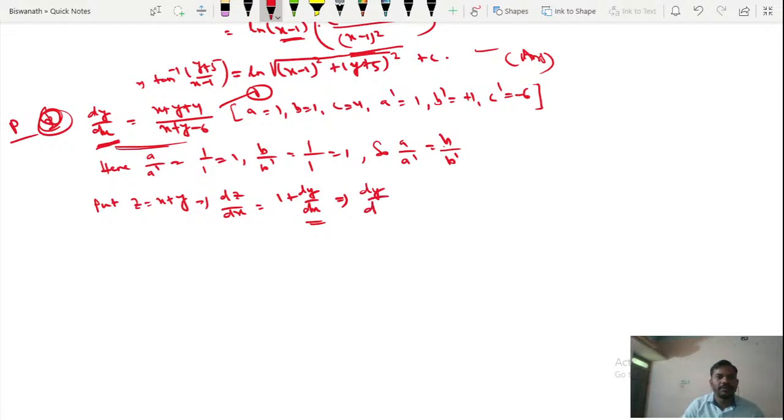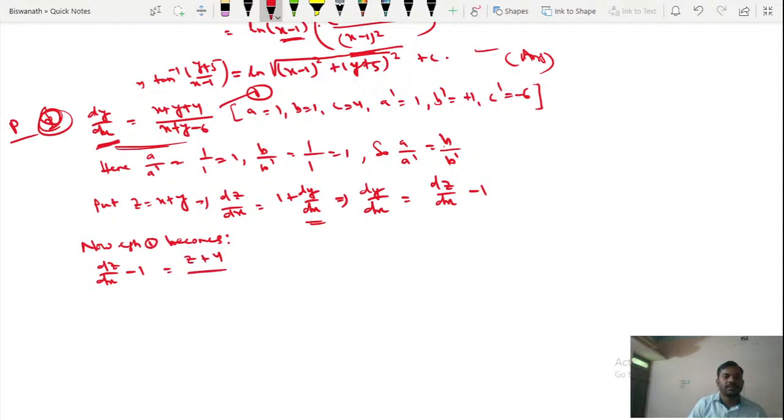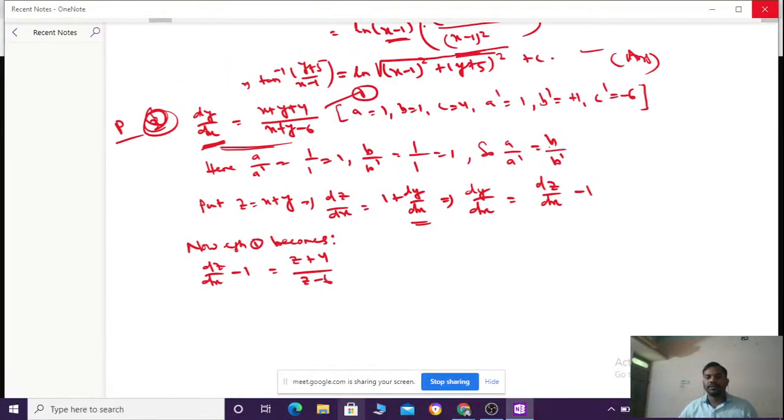So your dy by dx is dz by dx minus 1. Now equation 1 becomes, in place of dy by dx, I will put dz by dx minus 1, equal to (z plus 4) divided by (z minus 6).